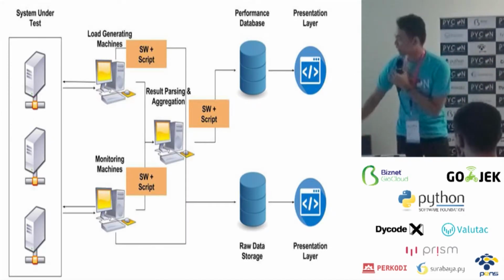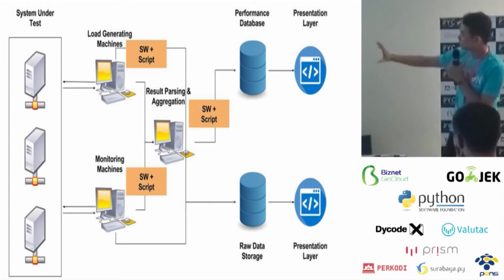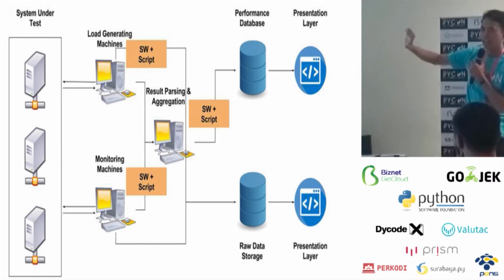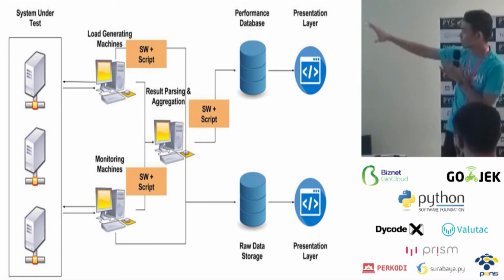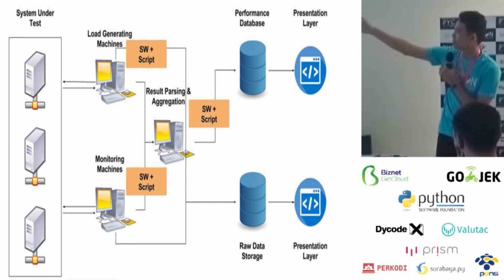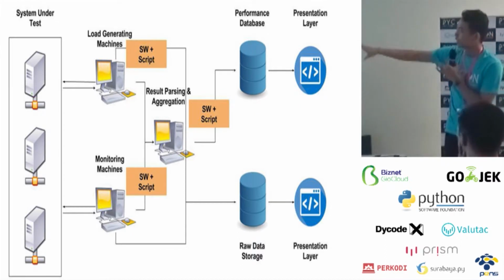And this is a diagram of typical load testing. I take this from some framework of Google. So basically Google, they are doing testing like this. So we have the system under test. Maybe it's not a single app, maybe it is a cluster or complex apps with API gateway and everything.